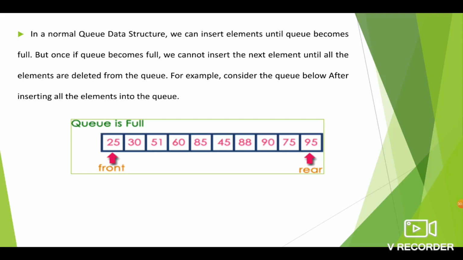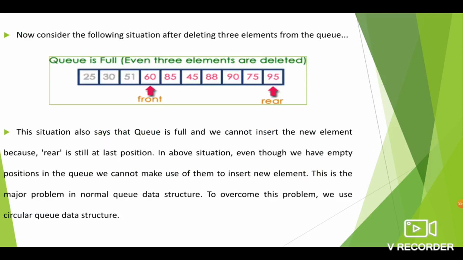For example, consider the figure. Okay. So here from the figure we know that the queue is full. So you cannot perform insertion operation. Let us assume we have deleted 3 elements from the existing queue. Okay.